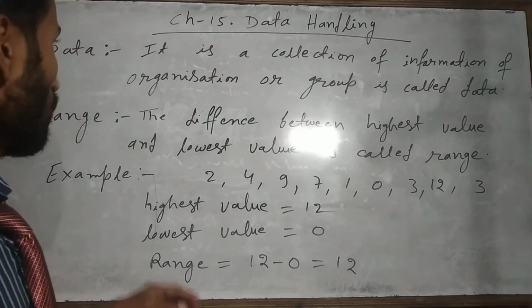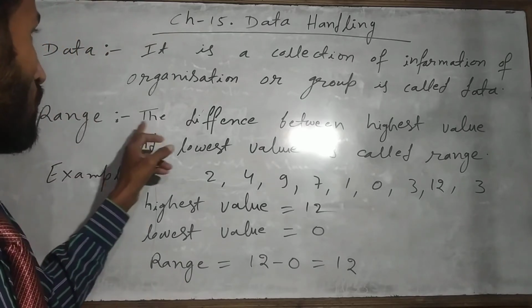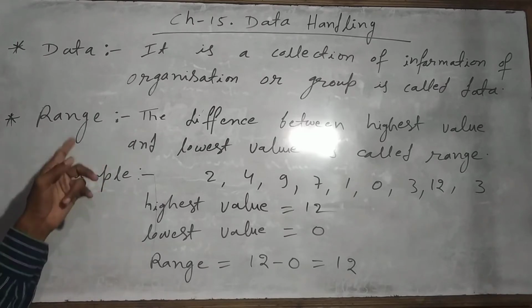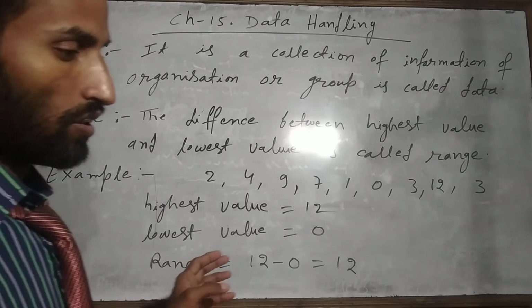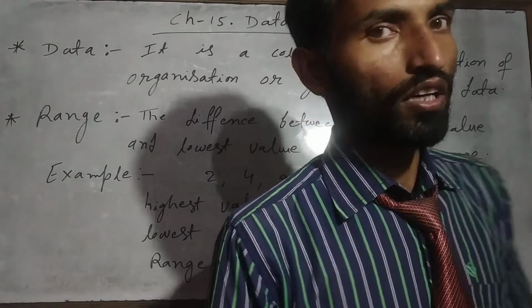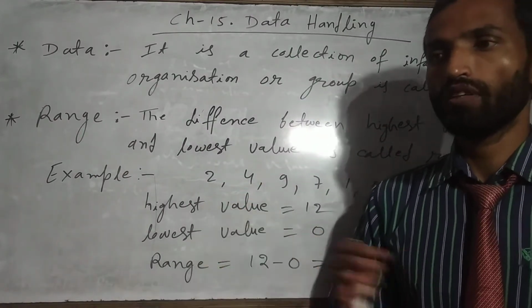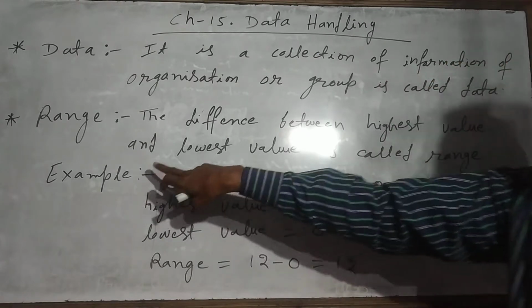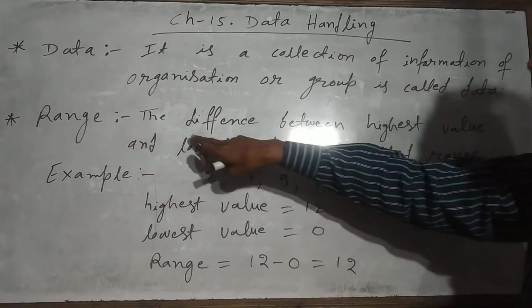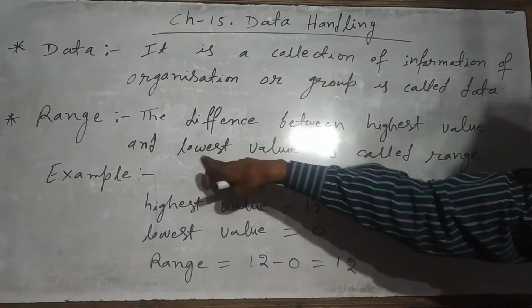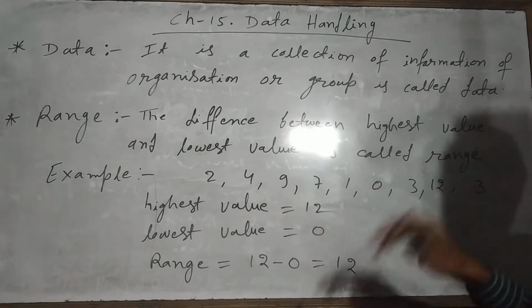Now range. The next definition is range. Range means limitation, from highest value to lowest value, how much is the difference. The difference between the highest value and the lowest value is called range.